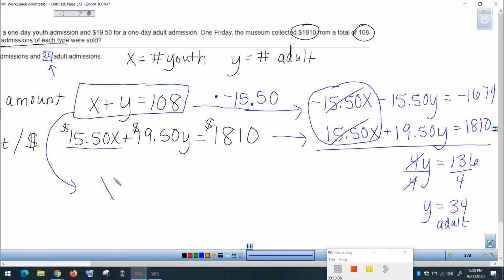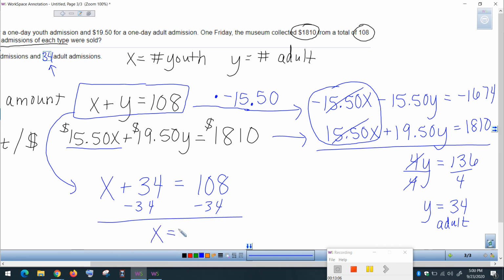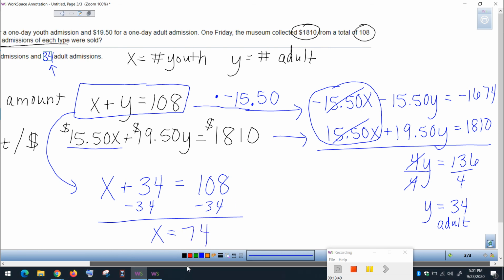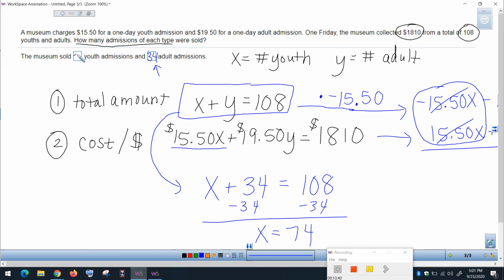So if x is the number of youth tickets and the number of adult tickets was 34, and I know that the total has to be 108, I'm just going to subtract 34 from both sides. I'm going to grab my calculator here one last time, and I see that it's going to be 74 youth admission tickets. So I'll put my answer right in the box there.